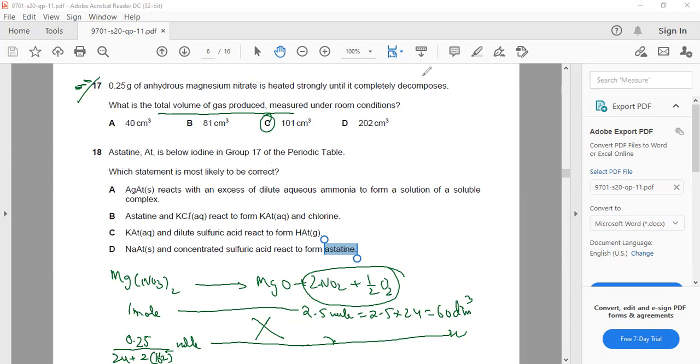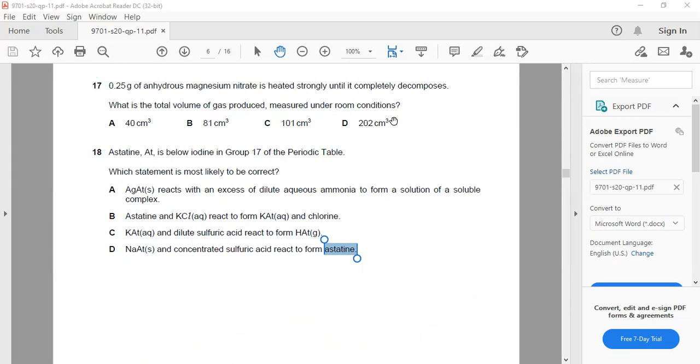Any confusion? Okay. 18 also gets a star. It comes frequently. Keep in mind fluoride plus concentrated sulfuric acid.